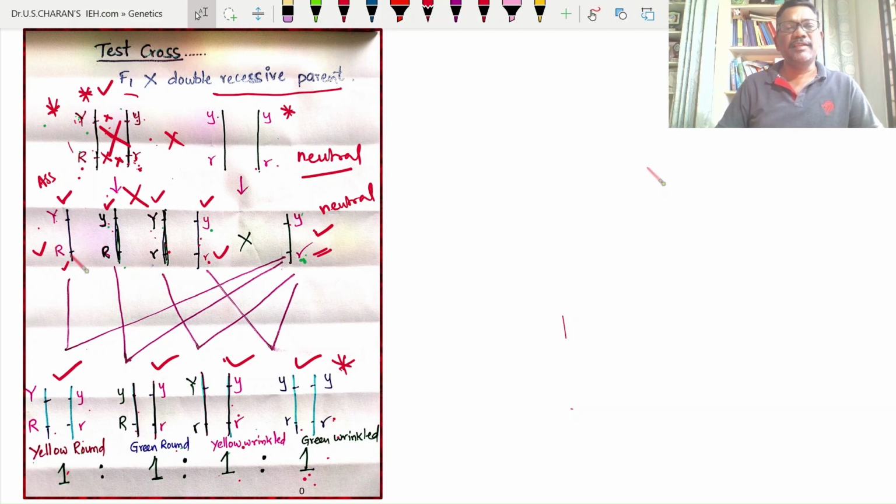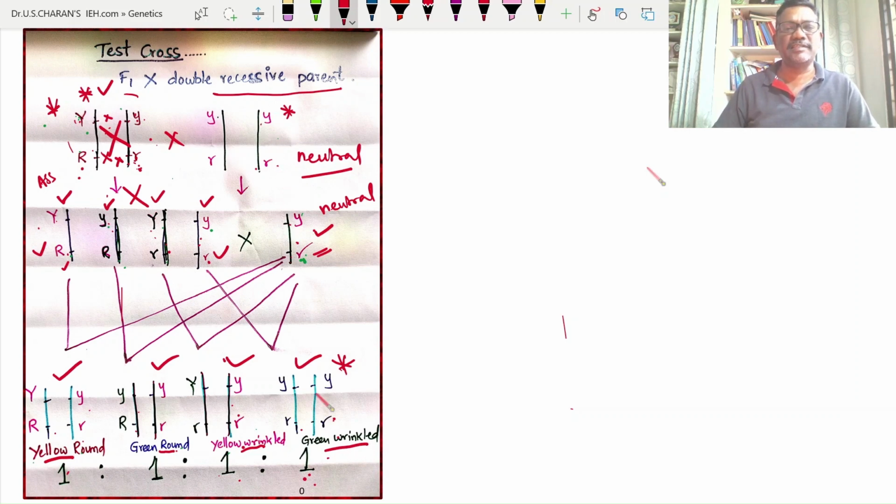So each gamete fertilizes with the other gamete, forming these 4 phenotypes. These 4 phenotypes are: yellow round, the dominant parental-like organism; green round, which is recombined because green is the recessive character and round is the dominant character; yellow wrinkled, also a recombined progeny because yellow is dominant and wrinkled is recessive; and green wrinkled, the double recessive parent, just like the homozygous recessive parent.